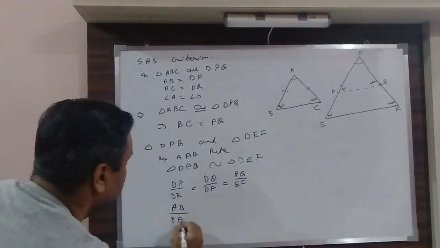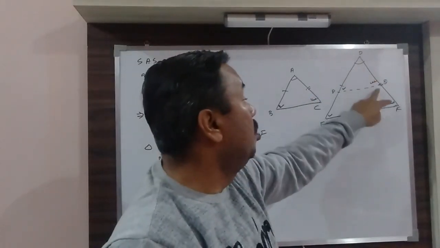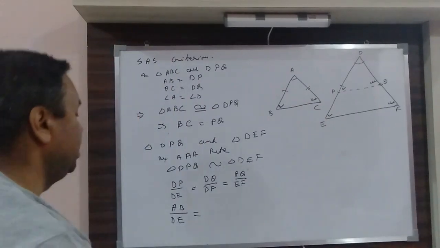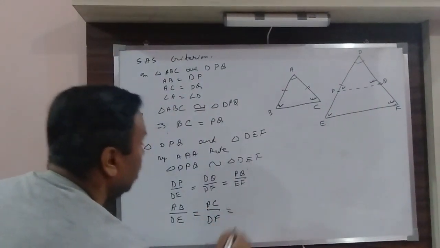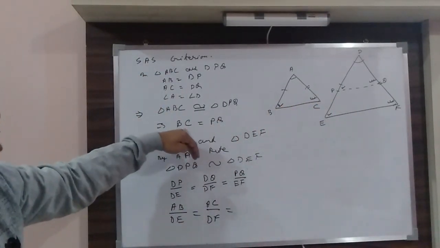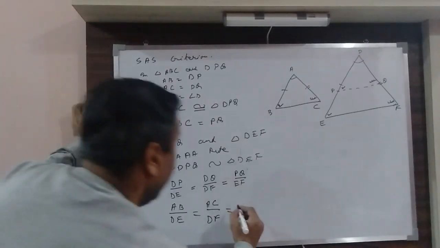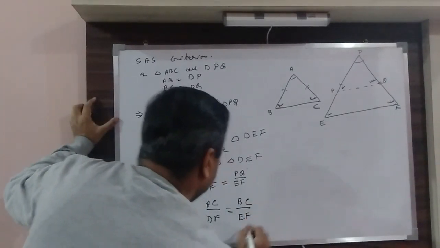Similarly, in place of DQ, because DQ I have taken as equal to AC, I can write it as AC over DF. And for PQ, I have just proved that PQ is equal to BC. So I can say that BC over EF.